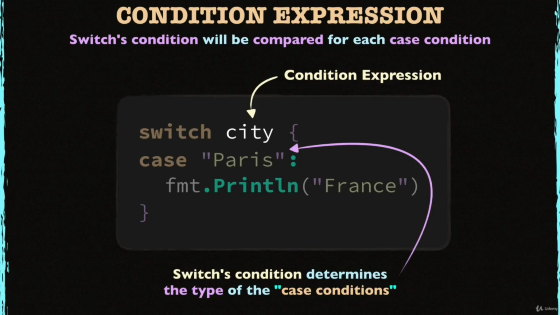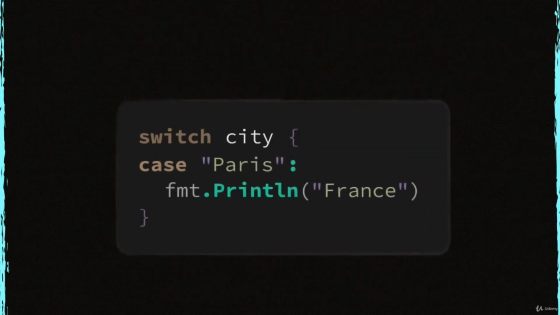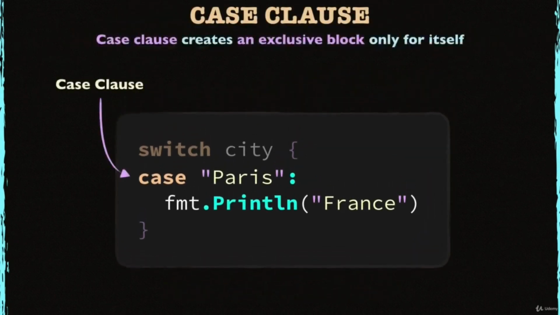Okay, now let's take a look at the case clause in detail. This highlighted part is a case clause, or simply a case. After the colon here, Go creates a block exclusive only for this case clause. So anything that is declared inside this case clause will only be available to itself, okay?